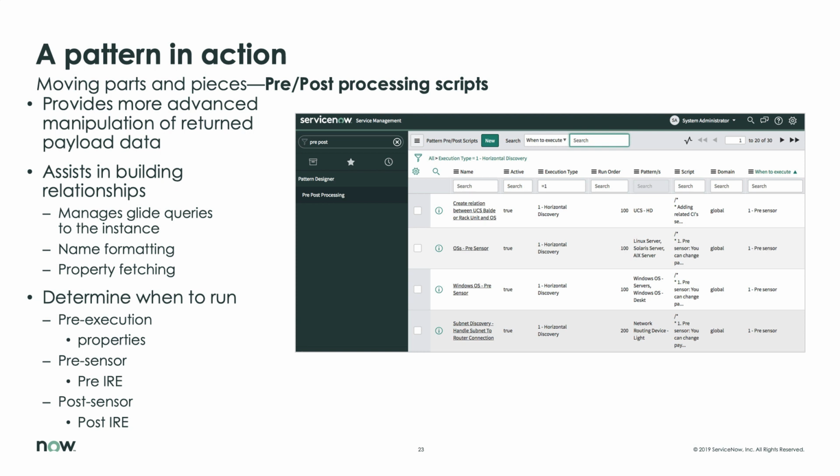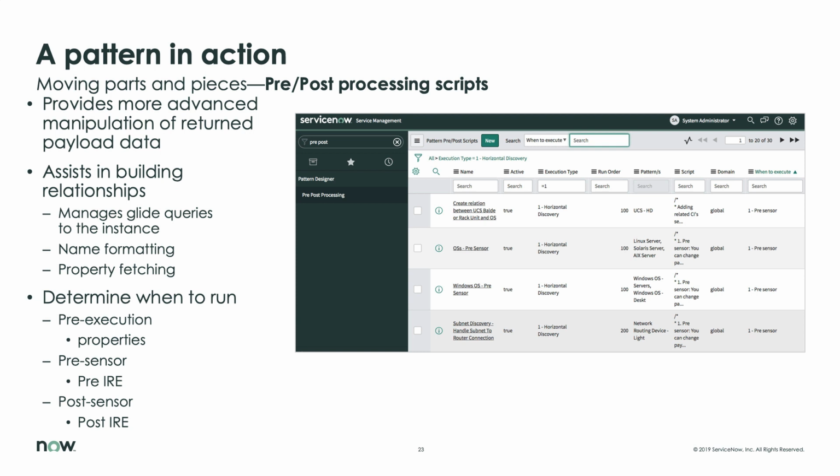And you have 3 cases where you can determine them to run. In a pre-execution, I can execute a script that pulls in properties that my pattern may need to know about before it runs. Example, trusted name source, right? As I'm setting the name of my CI in the pattern, I want to know what my trusted name source property is, and it can load those properties for us.